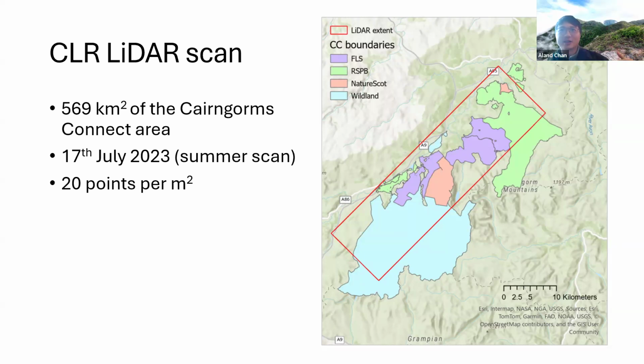They controlled deer numbers to see how that could promote forest expansion and restore the landscape that way. And the landscape has changed a lot over the past 10, 20 years.